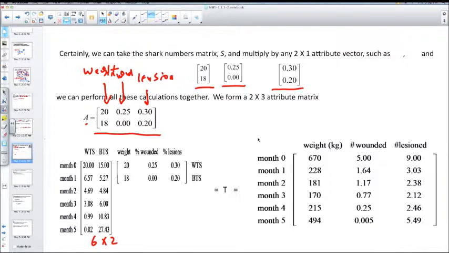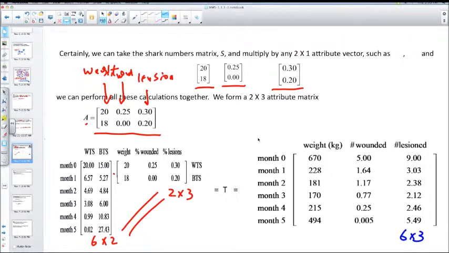And A, as the information about their weight, wounded, and lesion, is a 2x3 matrix. Now we do the multiplication. We know the 2 equals 2. That's good. That's the q in the general case. And we're going to end up with a 6x3 matrix after the multiplication.